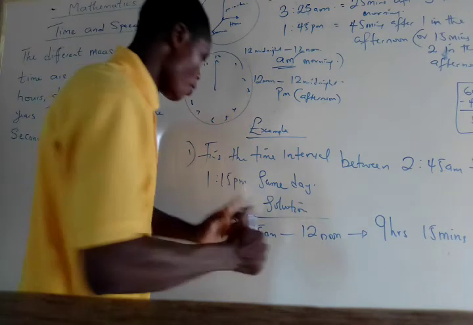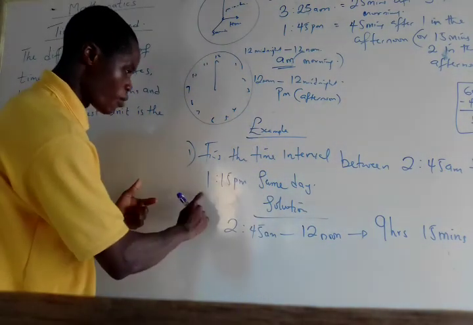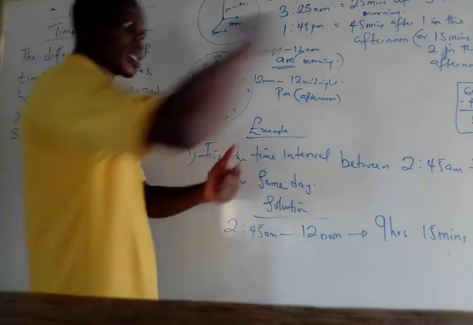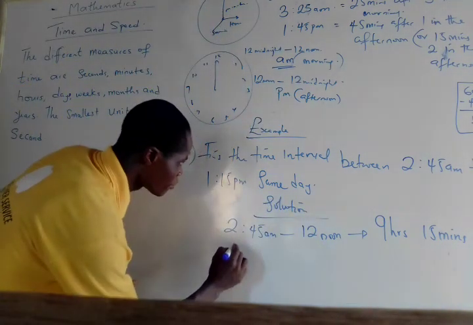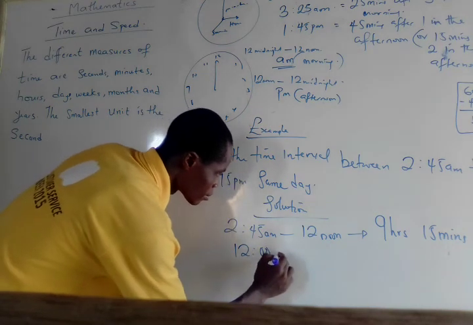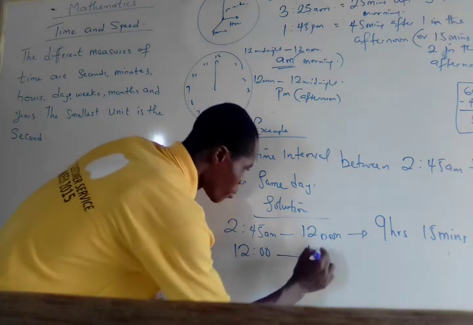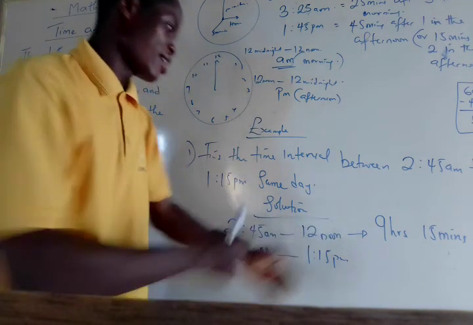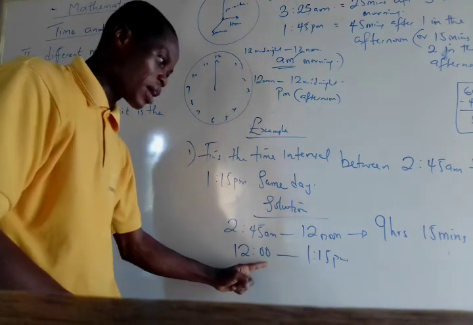Done. Now, where are we still going? 1:15 p.m. That means we're stepping into the afternoon. So we have from that 12 noon to 1:15 p.m. Already, you know this goes back to 0. We're counting back from 0 now.